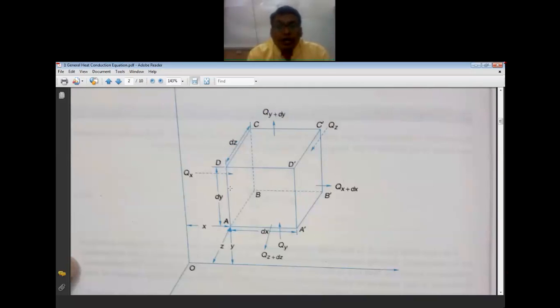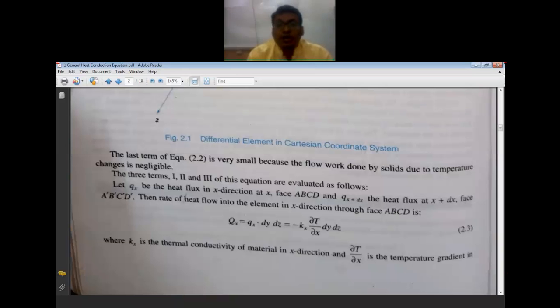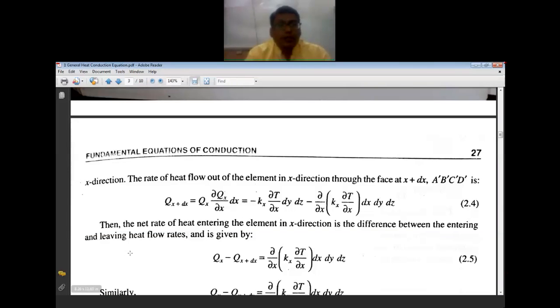At this point the temperature can be different, and at the next point it can be different. I am talking only in the x direction. So Kx is the thermal conductivity of the material in the x direction and dT upon dx is the temperature gradient in the x direction.